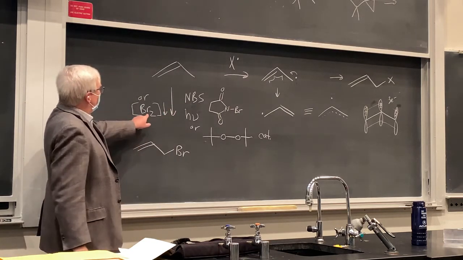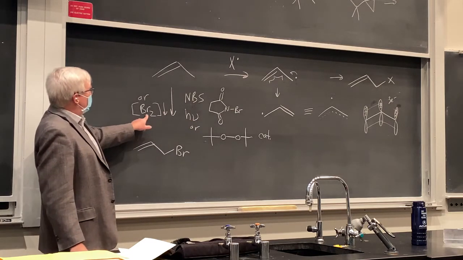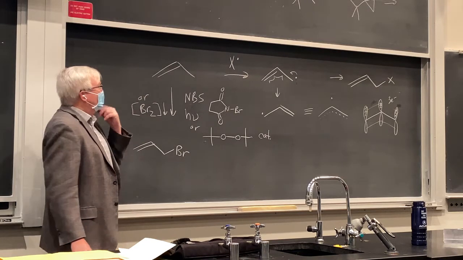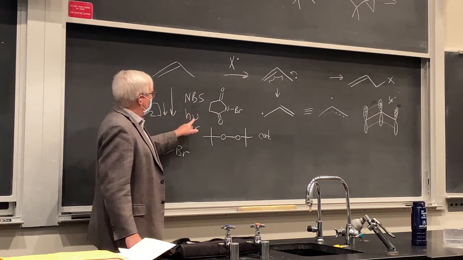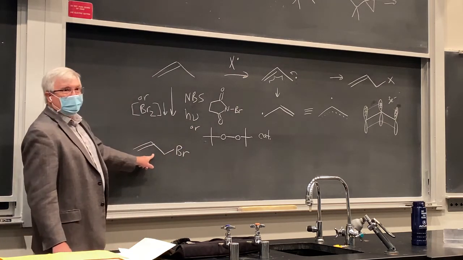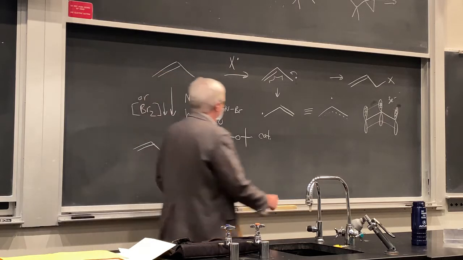If you add it in one big batch, even if you're shining light on it or have a peroxide in there, if you add Br2 directly to an alkene, you'll get the dibromide. Okay, but if you use NBS and then shine light on it here or add the peroxide catalyst, you get the alternative product now, the allylic bromide, okay, which is a different type of product.